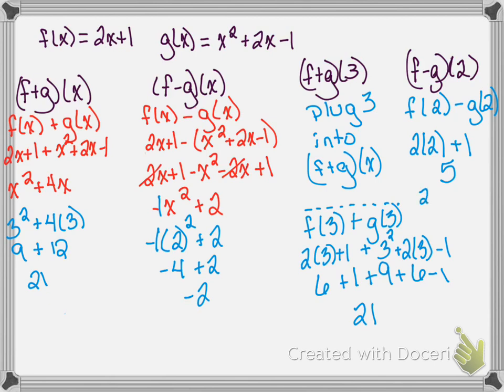I've got 2 squared plus 2 times 2 minus 1. So 4 plus 4 minus 1. What's 4 plus 4 minus 1? 7. So what I am actually doing now is I have 5 minus 7, which is negative 2. So you can do them either way.